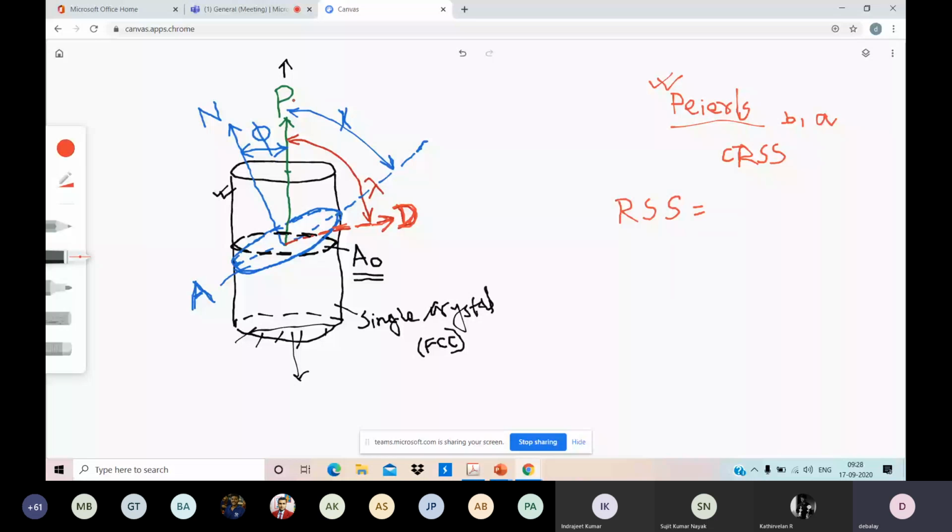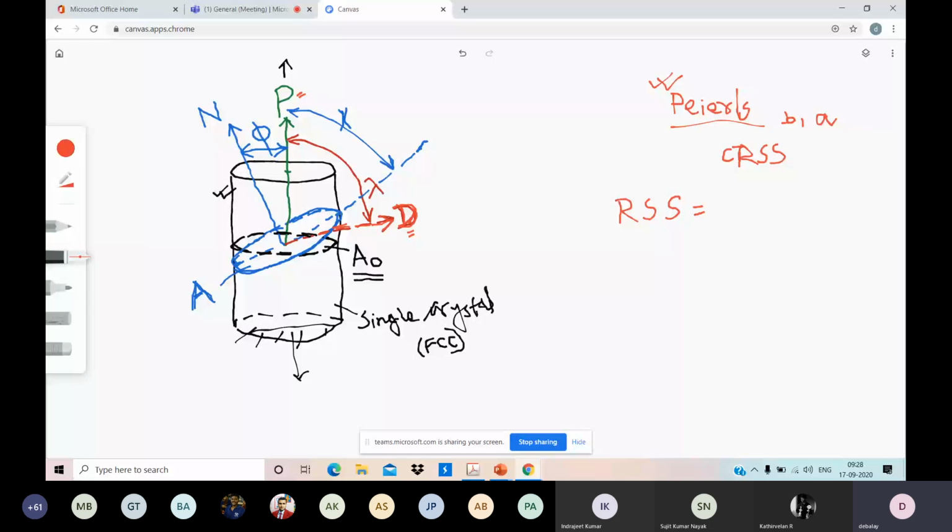It is the component of the applied load P acting along the slip direction D. That is the shear stress along the slip direction on the slip plane that we call resolved shear stress, the resolved component of applied stress.